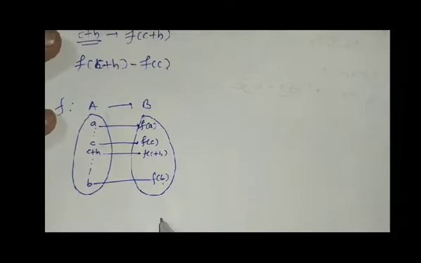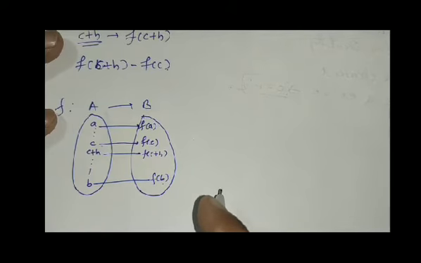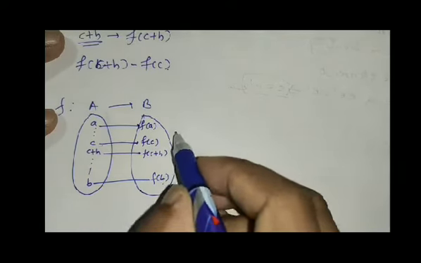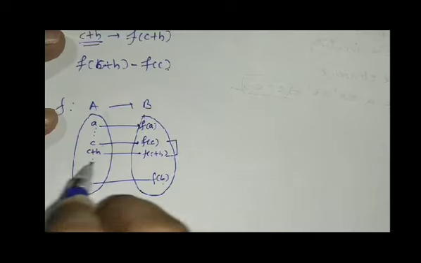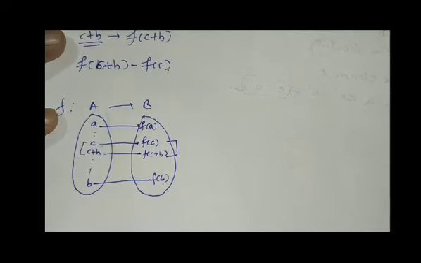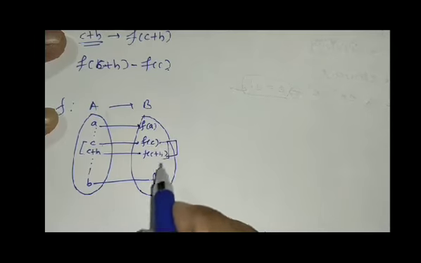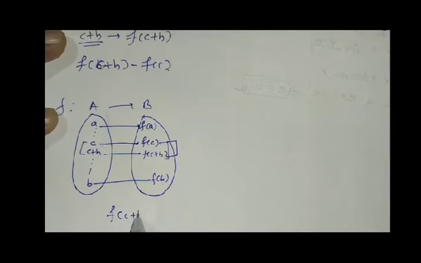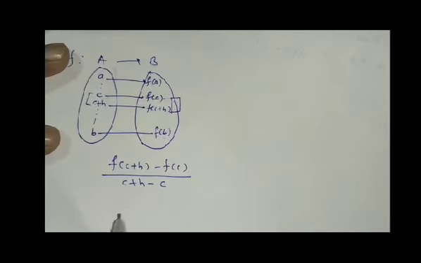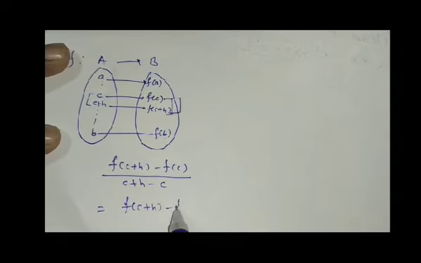So how does the change occur in the codomain when we change the value in the domain? We discussed this ratio: taking the difference f of c plus h minus f of c corresponding to the difference c plus h minus c, we get f of c plus h minus f of c divided by h.